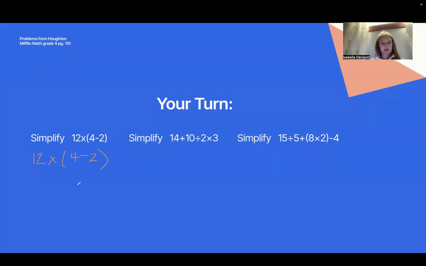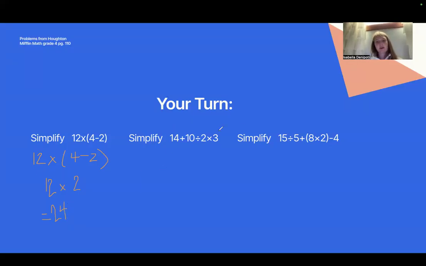So you'd bring that down, and that would equal 2. And so now we're done with parentheses. So we bring down the 12 and the multiplication sign. And your new expression would be 12 times 2, which would then equal 24. And that is your solution.